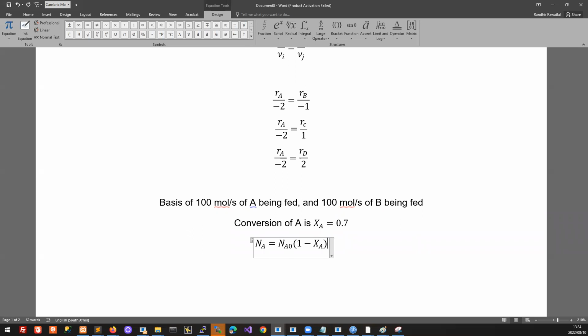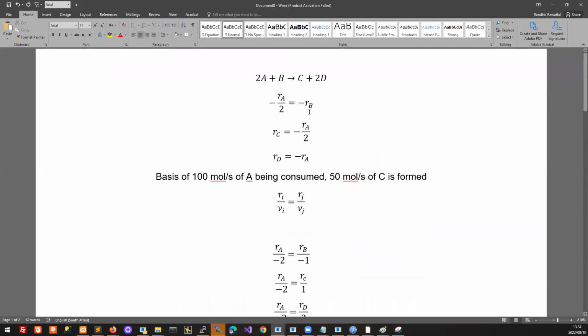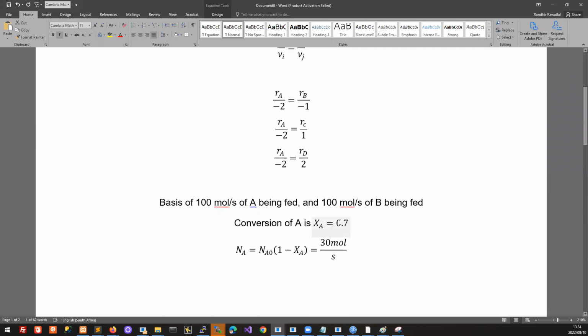So the moles of A left over will be 30 moles per second. And clearly, to work out the moles of B, we know that half as much of B is converted. So 70 moles per second have been converted of A, so 35 moles per second of B have been converted.